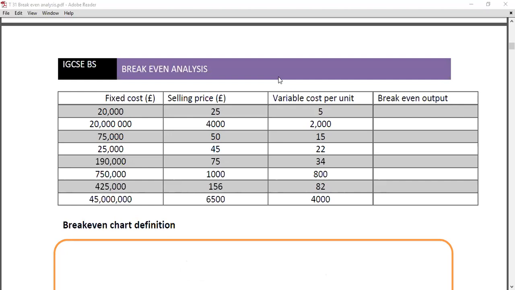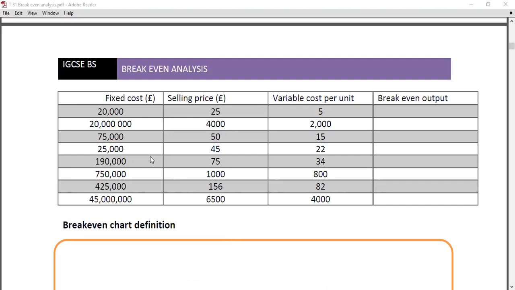So you can see 20 million over 4,000 minus 2,000. The answer is 10,000. Correct answers were also given by Rama and TG. Yes, 20 million divided by 4,000 minus 2,000.